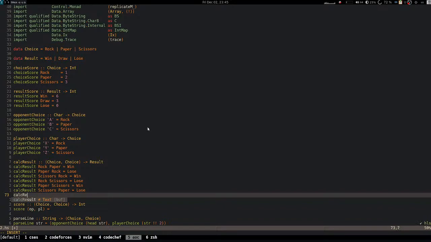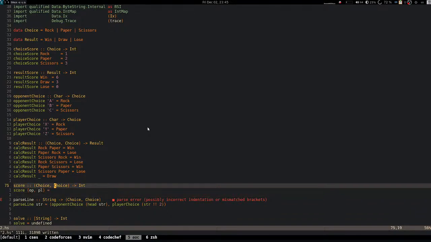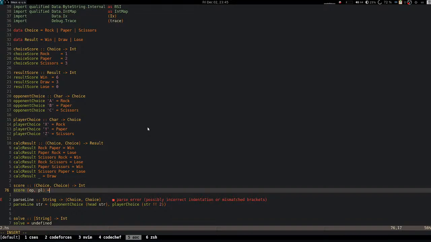And calc result then goes to default: x, I don't care, equals draw. Okay, yep.